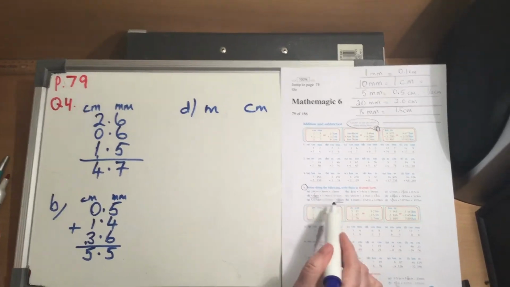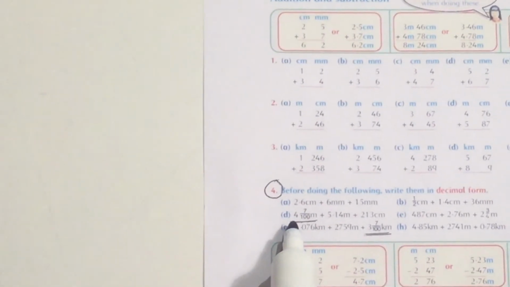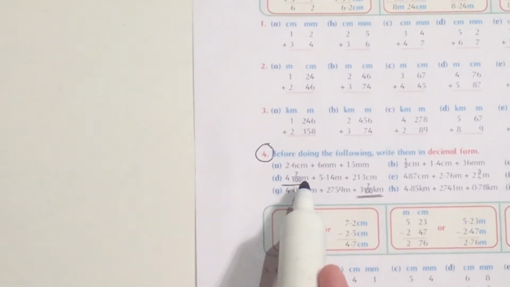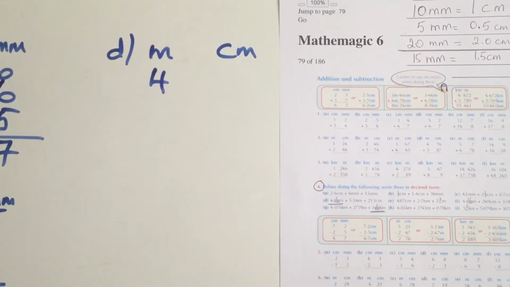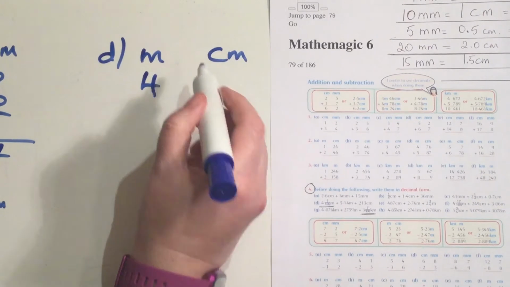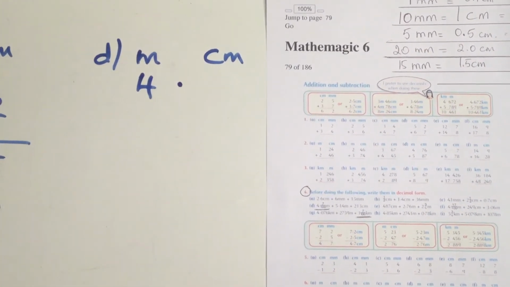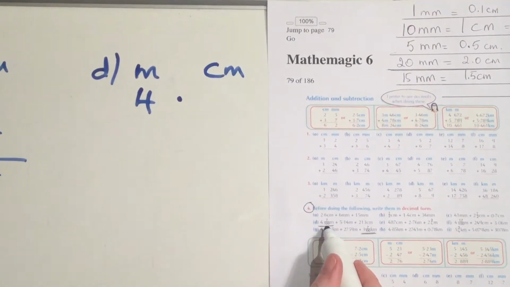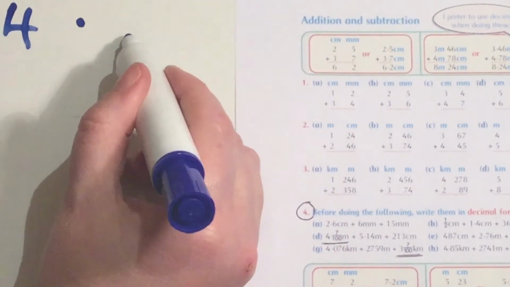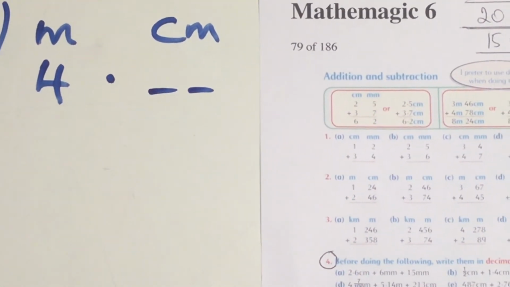Now we're going to change them into decimal form. 4 and 7 over 100 metres. We'll have 4 metres and 7 over 100. We'll put our decimal point in. 7 over 100. Remember that 2 zeros mean 2 numbers after the decimal point.